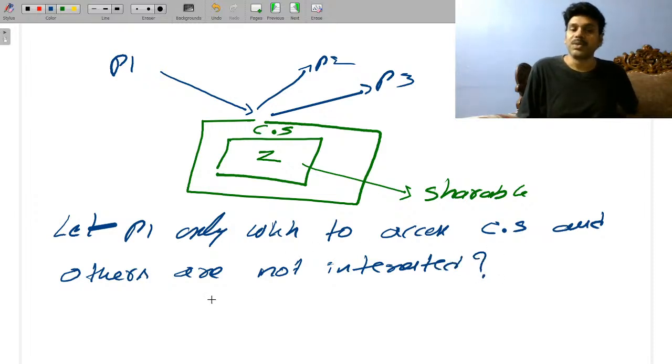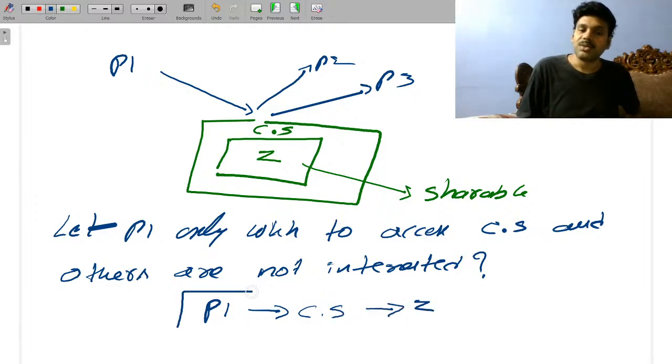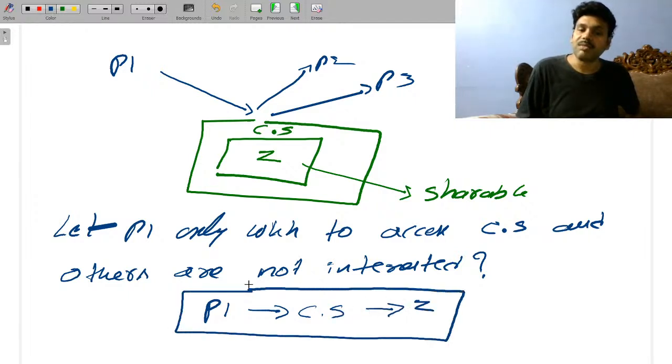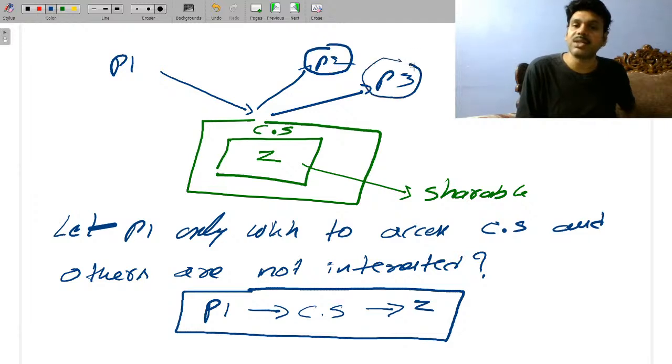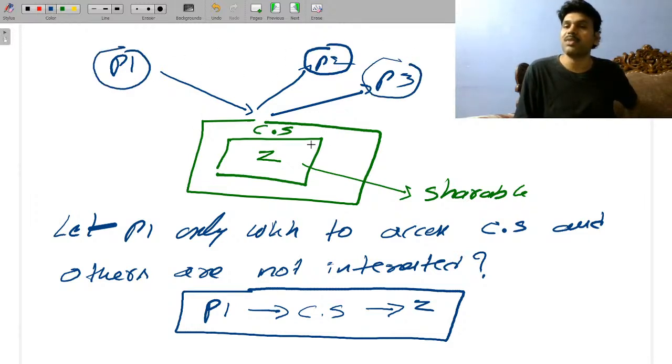We want to see that every time P1 is in the critical section to access the variable. For any number of iterations, not only the first, second, third, fourth iteration, as long as others are not interested to access your critical section, we want to permit that P1 should be inside to access the value any number of times, any number of repetitions.